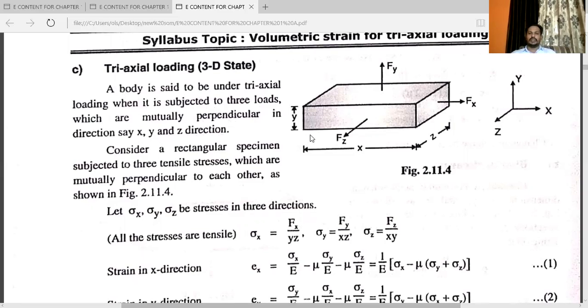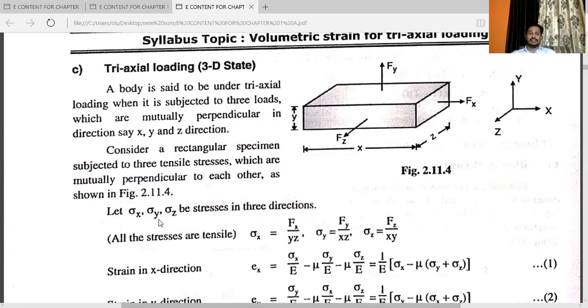You can see that this is your X direction, this is your Y direction, and this one is the Z direction. Consider a rectangular specimen subjected to three tensile stresses which are mutually perpendicular to each other, as shown in the figure. You can refer to this figure.